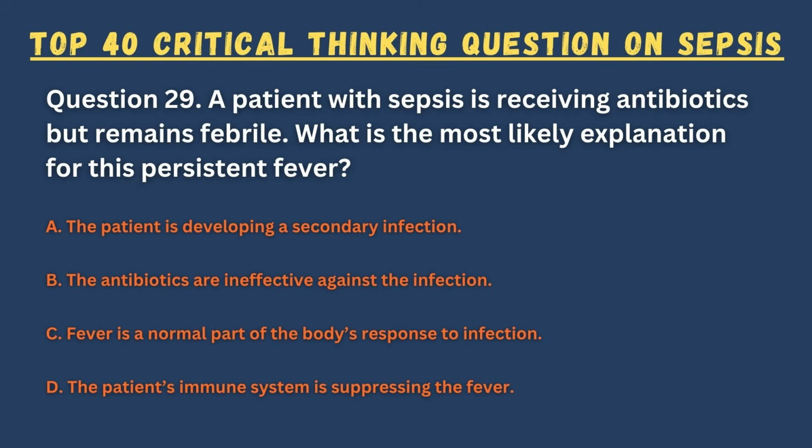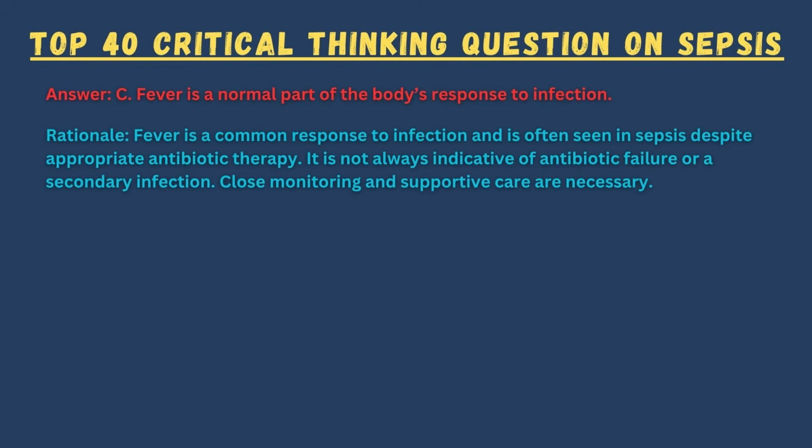D. The patient's immune system is suppressing the fever. Answer: C. Fever is a normal part of the body's response to infection. Rationale: fever is a common response to infection and is often seen in sepsis despite appropriate antibiotic therapy. It is not always indicative of antibiotic failure or a secondary infection. Close monitoring and supportive care are necessary.